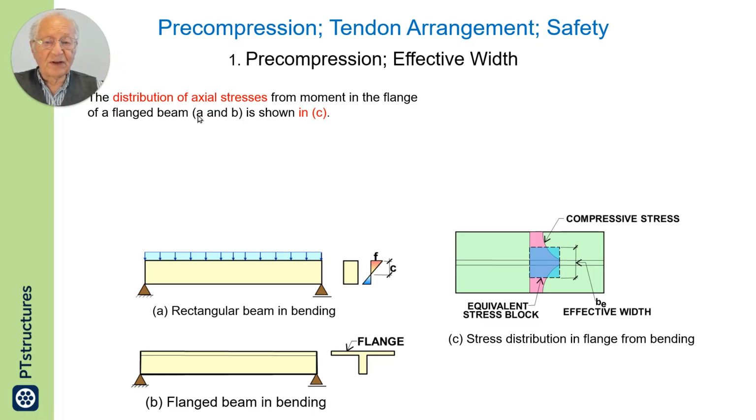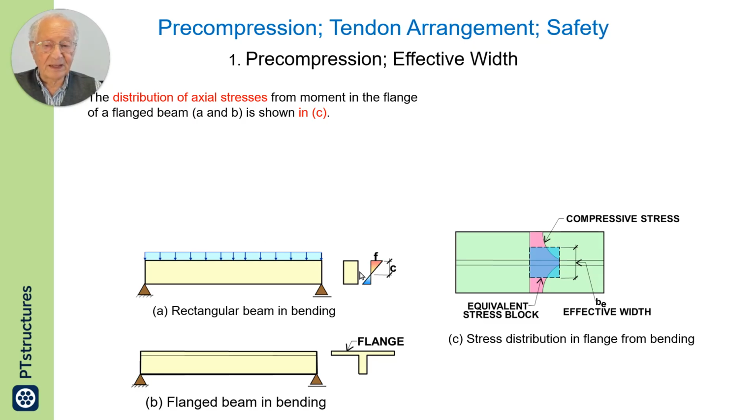The distribution of axial stresses from moment in the flange of a flanged beam is shown in A and B here. This is a simply supported beam under uniform load.